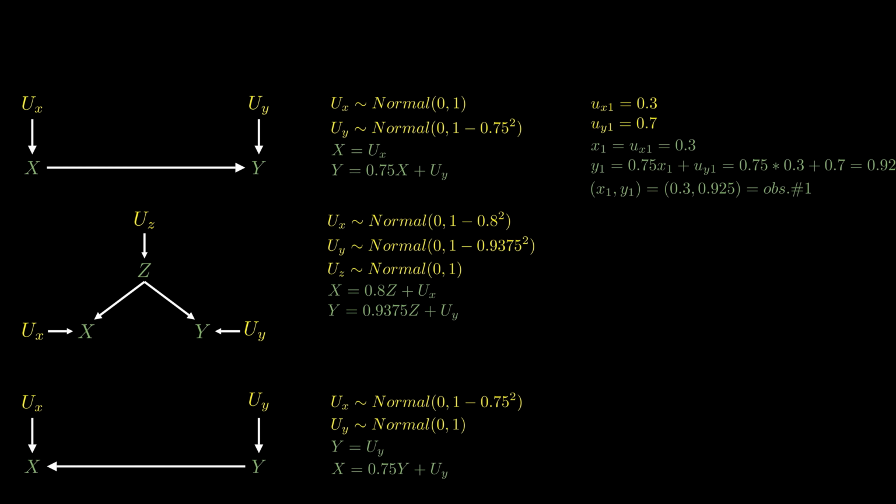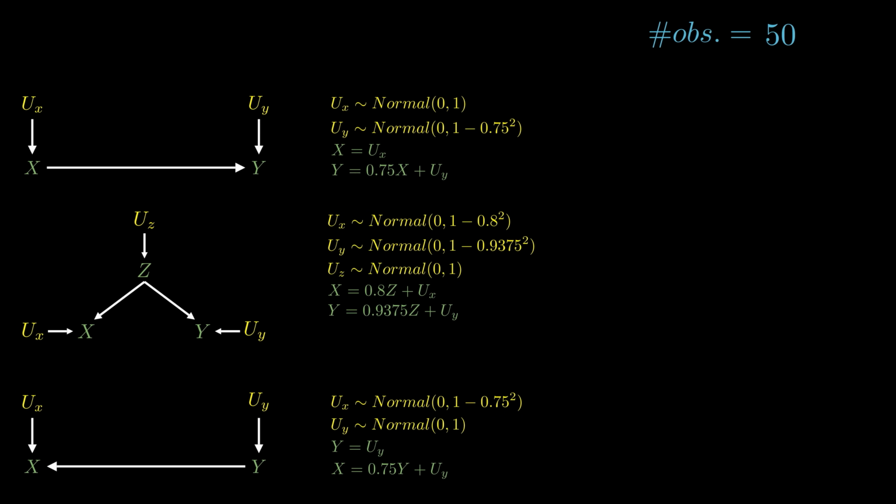And then we compute y by plugging the value of x in the expression 0.75x plus uy, and we are done. We get the random vector 0.3 and 0.925. This random vector is the first observation we've generated with our causal model.